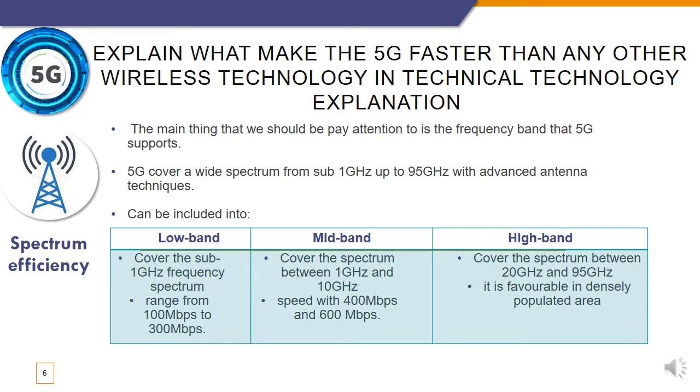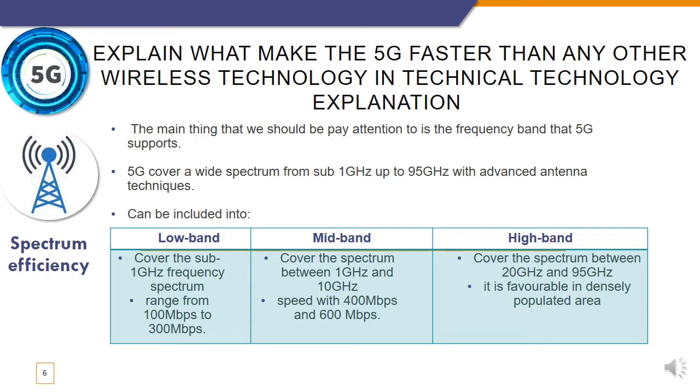Low band covers the sub 1 GHz frequency spectrum and has the widest coverage versus the higher bands, with speeds ranging from 100 megabit per second to 300 megabit per second. The mid band covers the spectrum between 1 GHz and 10 GHz.